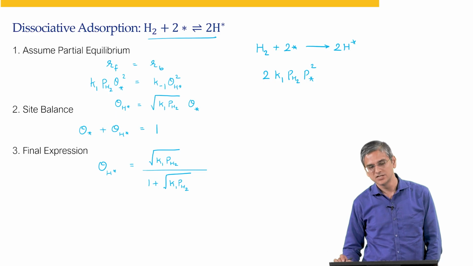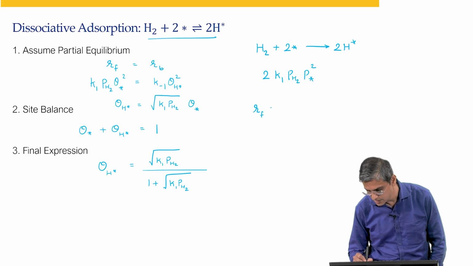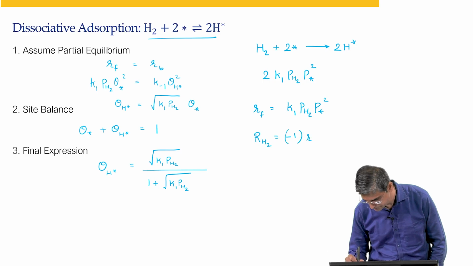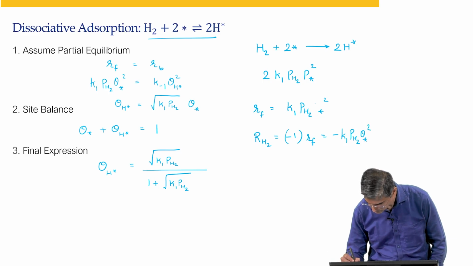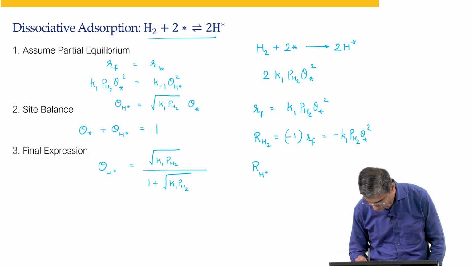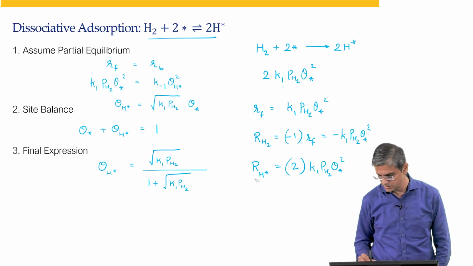Okay. So, this is the rate of formation of H star. Remember, R. Okay.